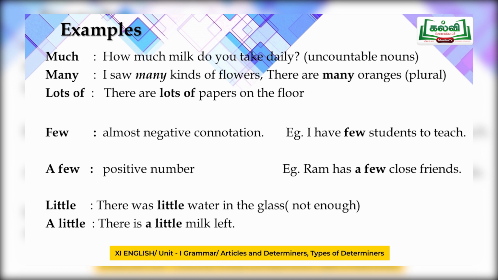Many: I saw many kinds of flowers. Here flowers are countable, so we can count flowers and we use the word many. There are many oranges. Here also it is countable, so we use many. Lots of: There are lots of papers on the floor. Here papers is plural, so lots of is the determiner used here.